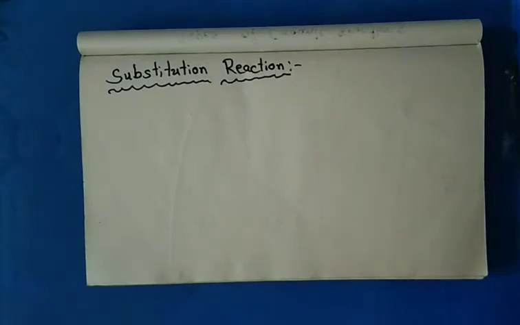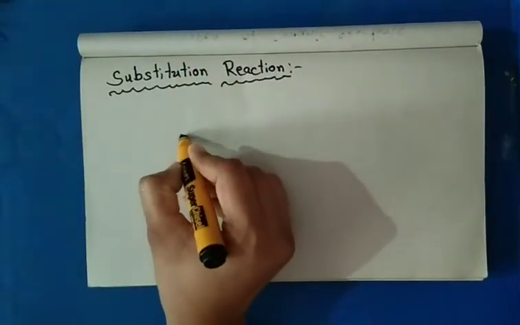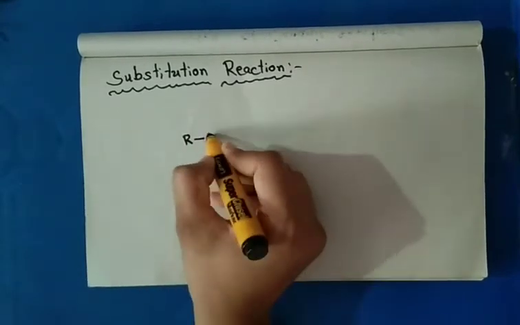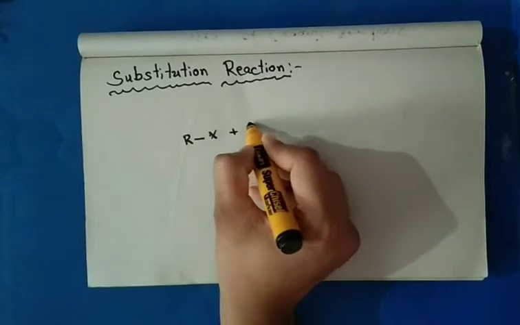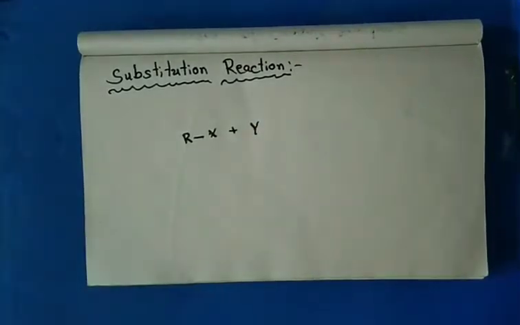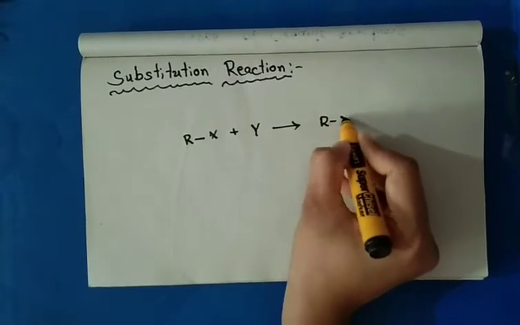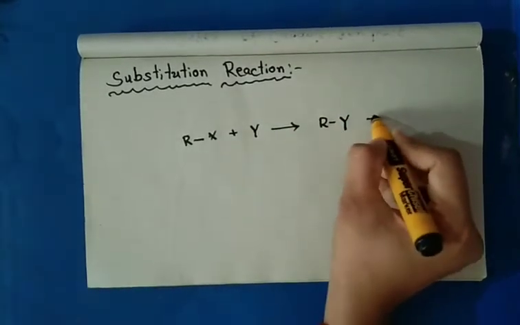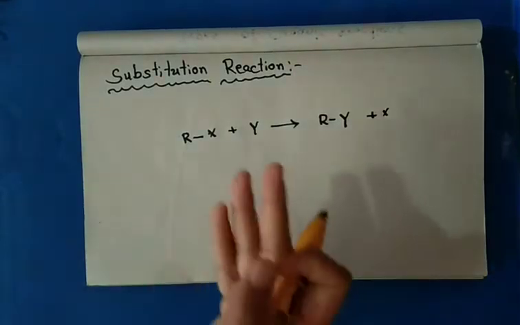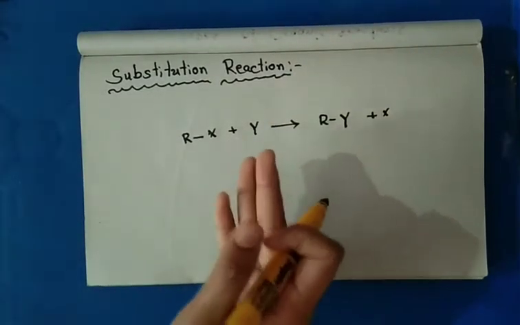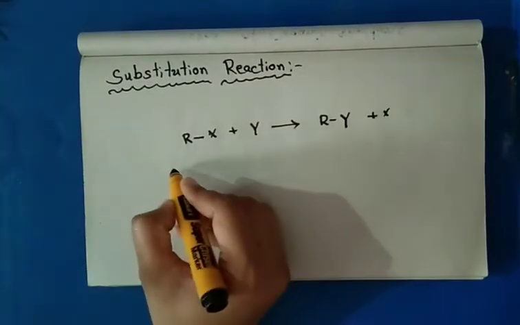In the general reaction, R bonded with X reacts with Y, and the final product is R bonded with Y plus X. In this there is an exchange of atoms.